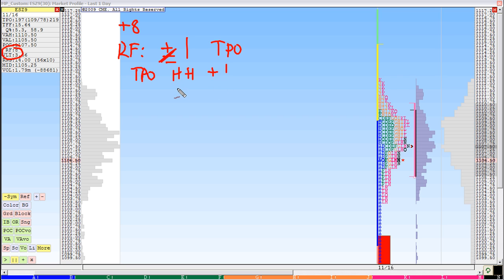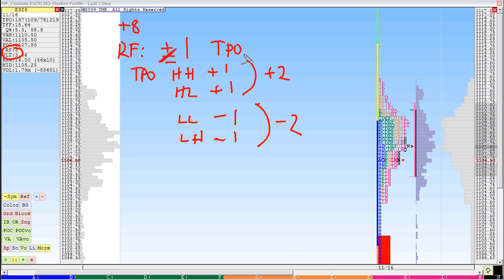If it makes a higher low, we also assign +1. So the total we can assign is +2. On the downside, if it makes a lower low on a lower rotation, we assign -1. If it makes a lower high, also -1. Together, -2.